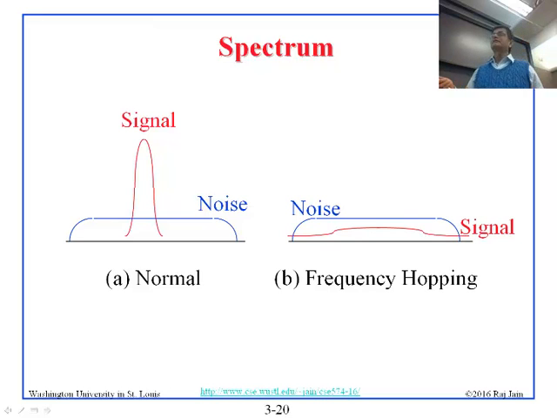Some power is here, some power is there, some power is there. So this is why it's called spread spectrum. What we have done is, we have basically made the signal look like noise. Now it's everywhere. Okay? So this is called frequency hopping spread spectrum, FHSS.